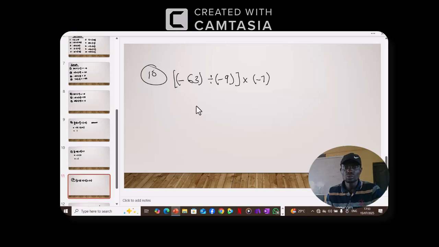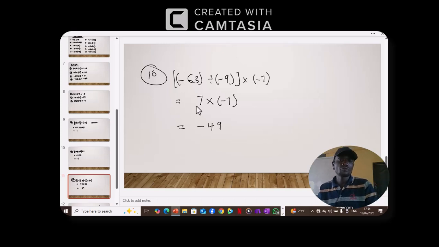So we now have 7 times minus 7. You are multiplying positive and negative, so your answer will be negative. 7 times 7 is 49, so it's going to be minus 49, negative 49.